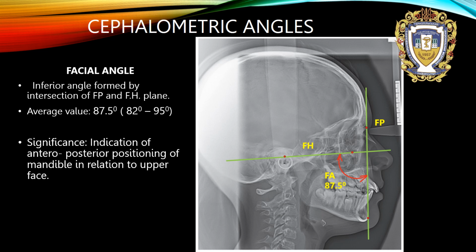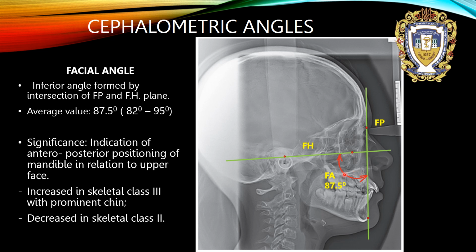Significance, indication of anterior-posterior positioning of mandible in relation to upper face. Increase of this angle we will observe in skeletal class 3 with prominent chin. Decreased in opposite situation in skeletal class 2.